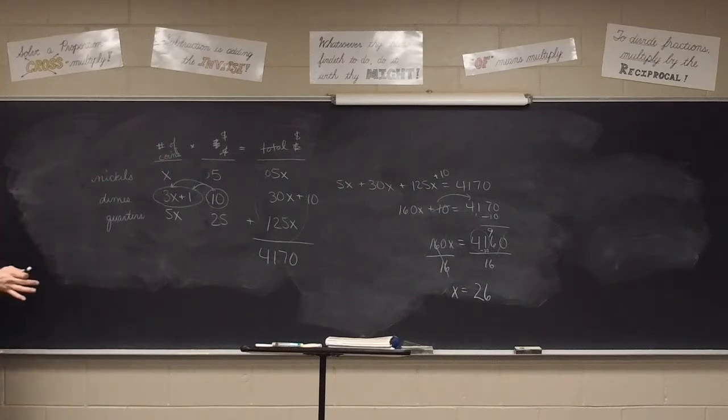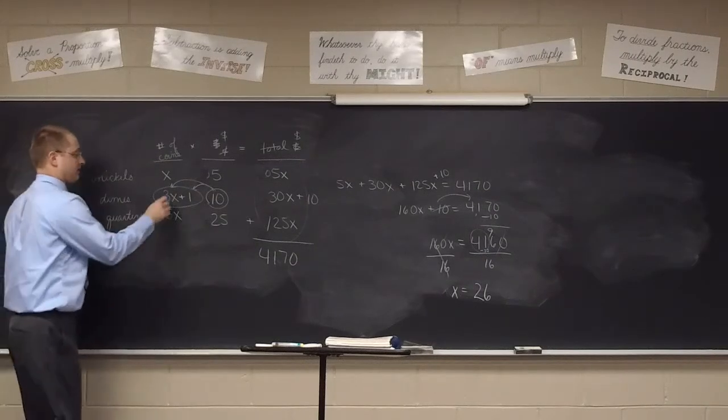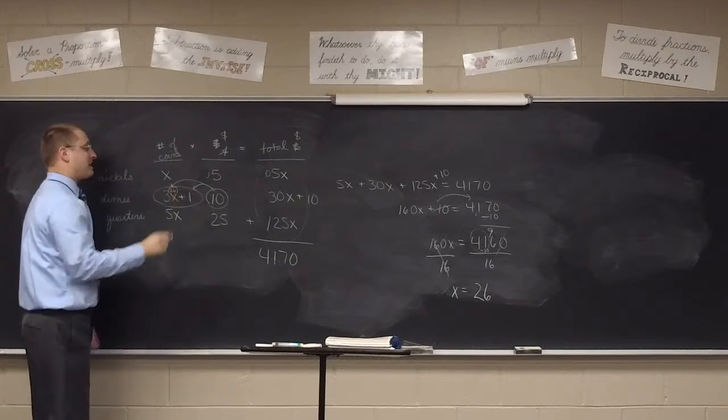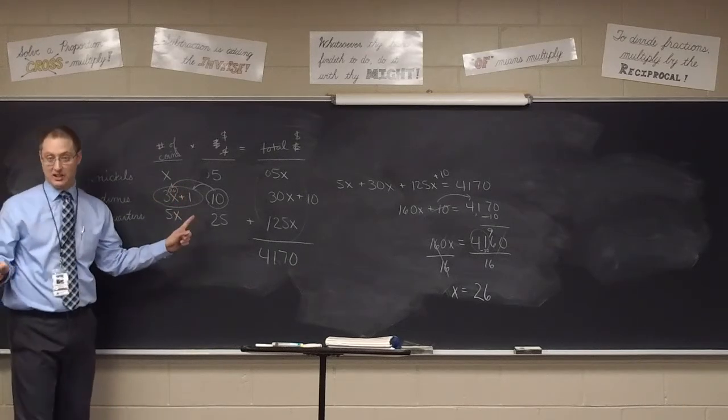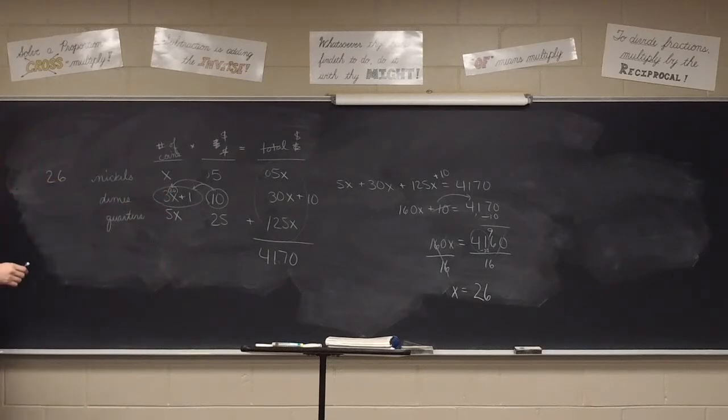So that gives me his number of nickels. To find the number of dimes, 1 more than 3 times as many would give me how many dimes? 79.